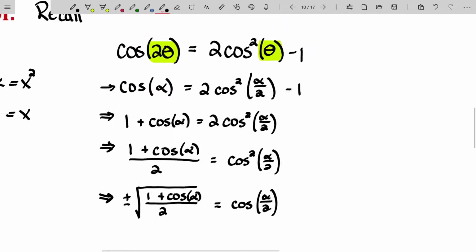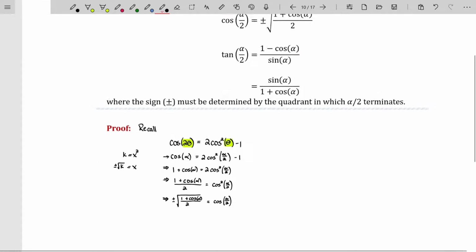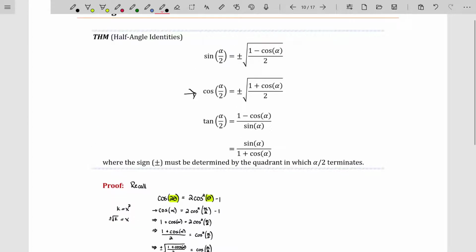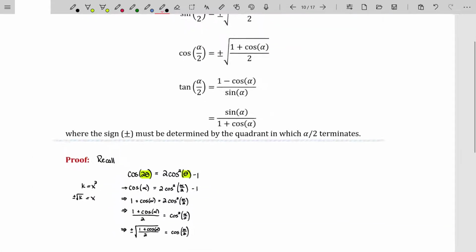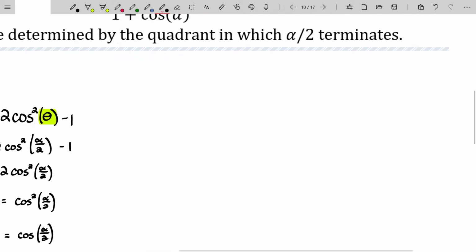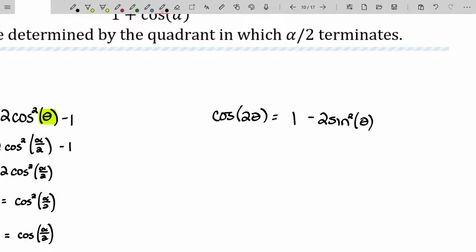And note, that is actually the proof of this guy right here. And a similar argument would showcase the proof of the sine of the half angle. I think I'll just do it anyway. So to get the sine of the half angle formula, recall cosine of the double angle again, another optional way of writing it is 1 minus twice the sine squared of the regular angle.